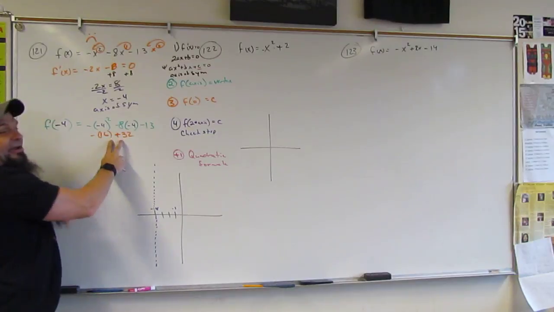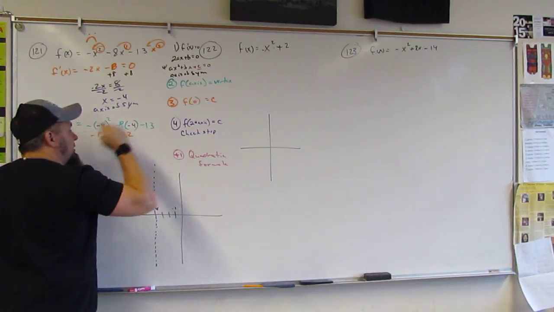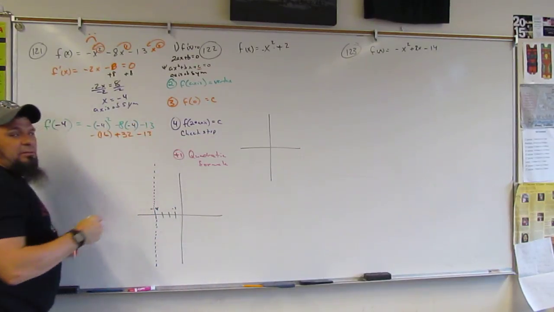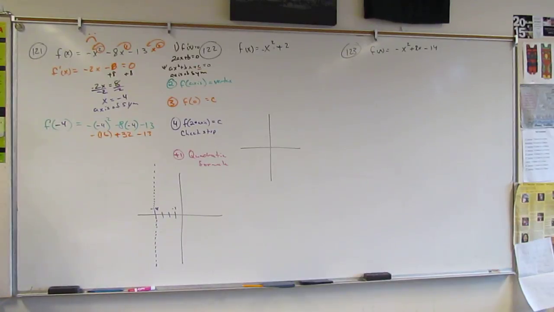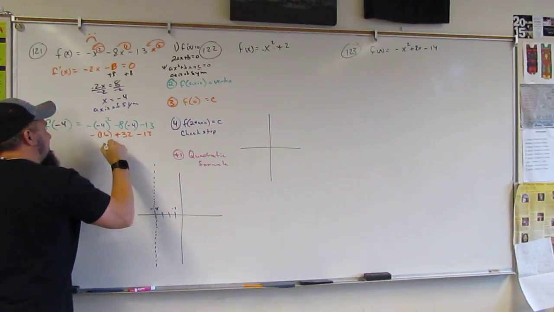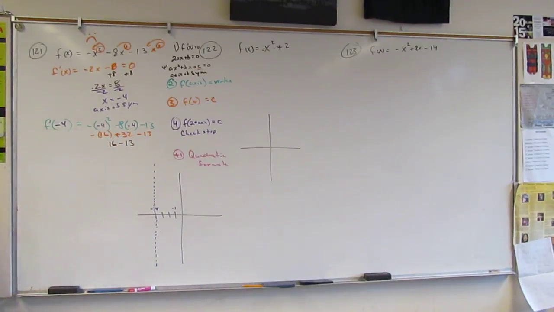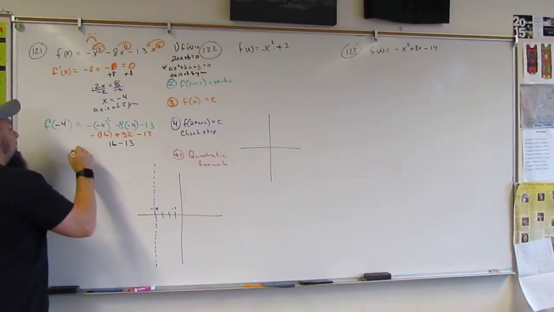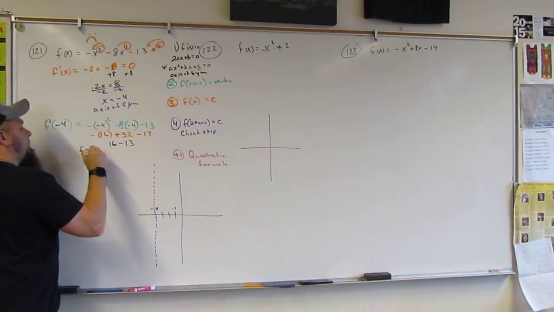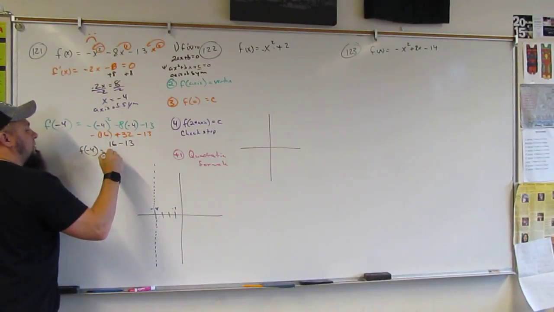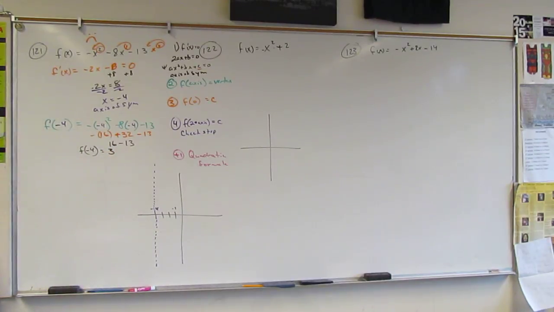Because these are half. And then minus 13. And then I go, okay, well, that's half of that. So that's going to be 16 minus 13. What's 16 minus 13? So f of -4 is equal to 3, right? 16 minus 13 is 3.